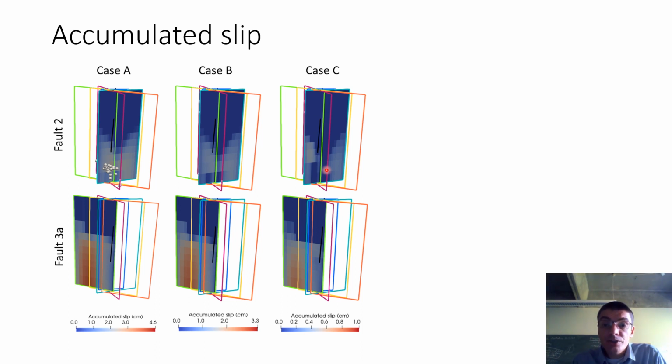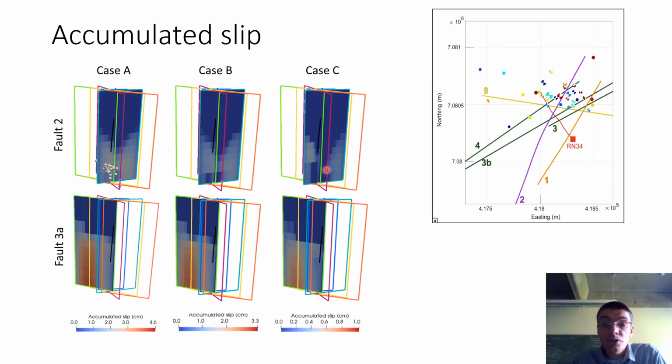Now, if we compare this to the location of the observed seismic events, it is the sealing case which again shows the best fit to the observed seismicity. And so these simulation results again indicate that fault number 8 seems to have sealing properties.